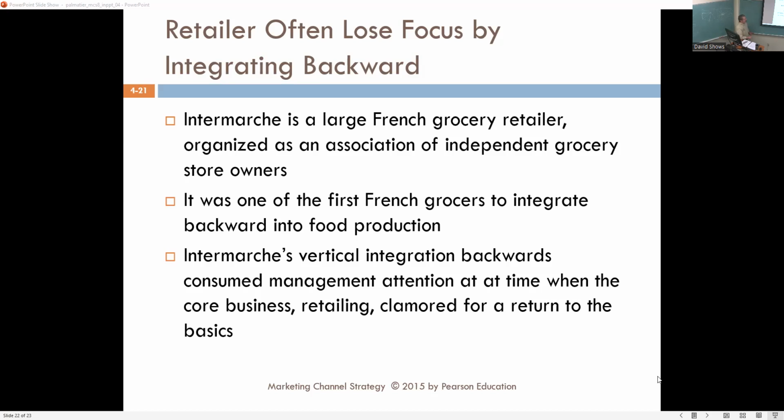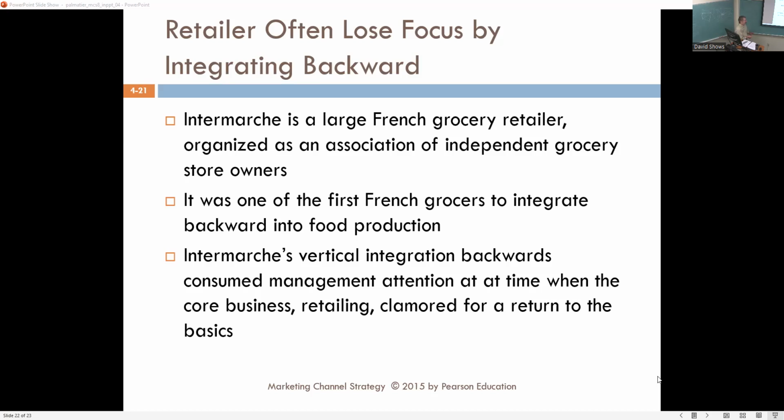And so they talk about Intermarché, which was a French grocery retailer. They're part of what is like IGA, the Independent Grocers Association. They decided they were going to integrate backward into food production, and unfortunately, they realized almost too late that they don't produce food, they sell food.